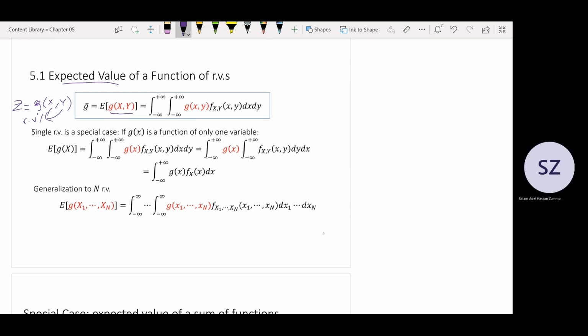In order to find this, either you go and find the PDF of z. It might be easy, it might be complicated. You have seen that if z equals x plus y, and x and y are limited, how do you find the PDF of z? The convolution. So it's not something simple to find the PDF of z.